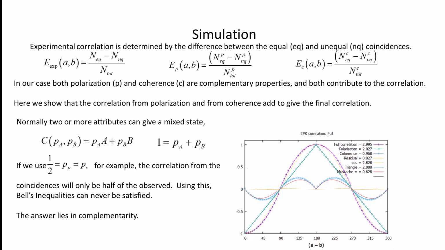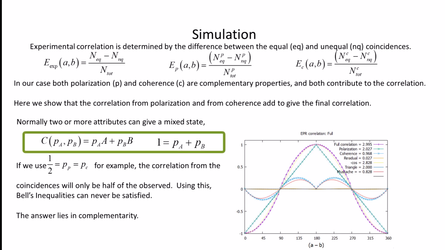It is one or the other. If we use this formula for A equal to the polarization correlation and B equal to the coherence correlation, then this expression cannot violate Bell's inequalities.